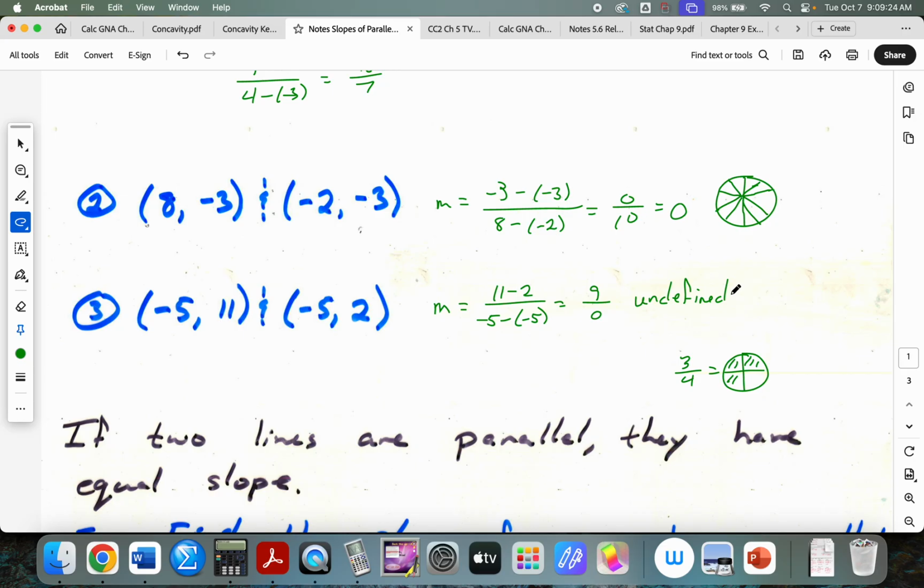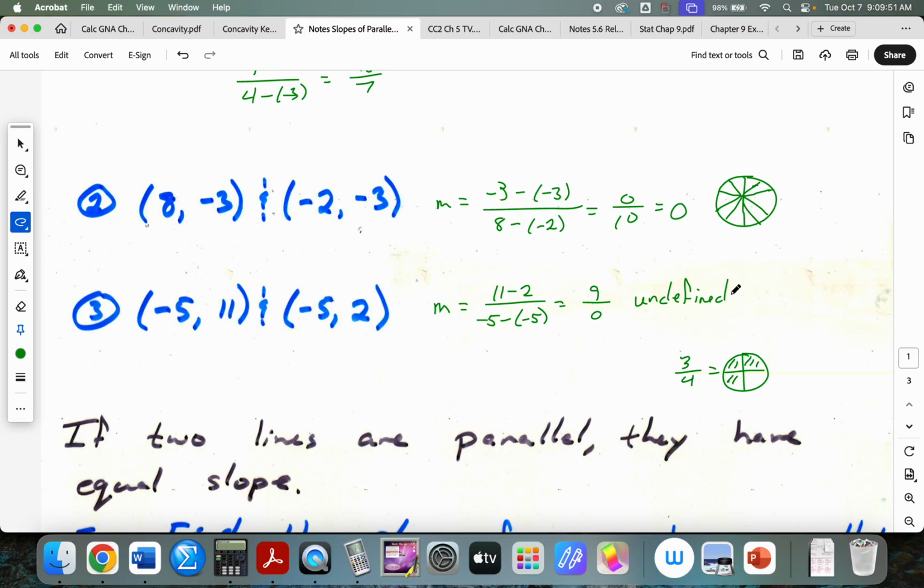But in all of math, the one thing that you're never allowed to do is divide by 0. You're never allowed to divide by 0. It is undefined. It doesn't make any sense at all. The closest thing that you could get to that would be, well, how many times does 0 go into 9?